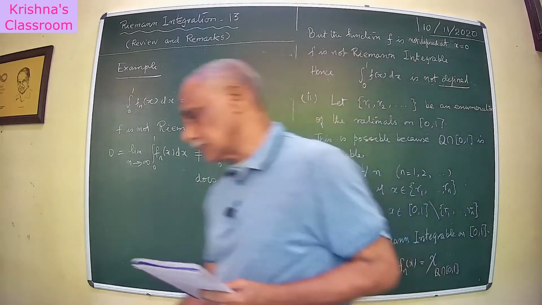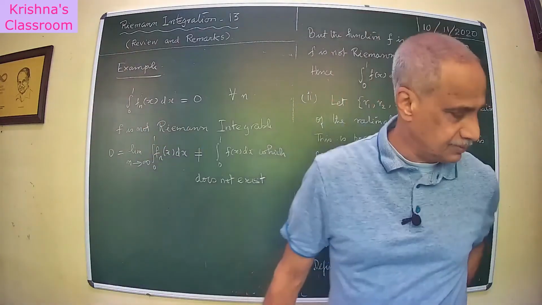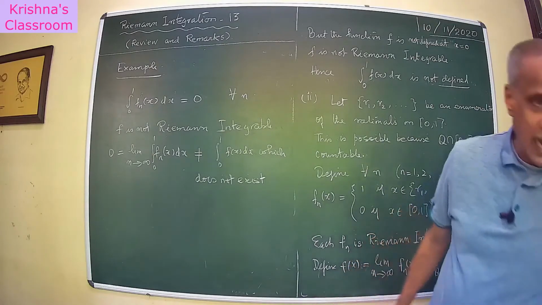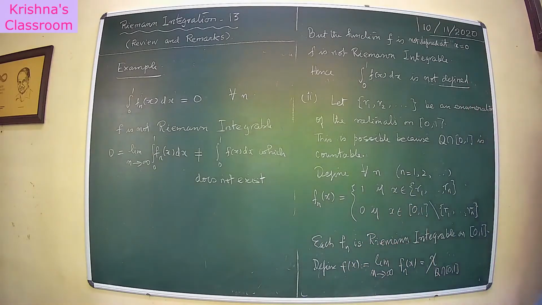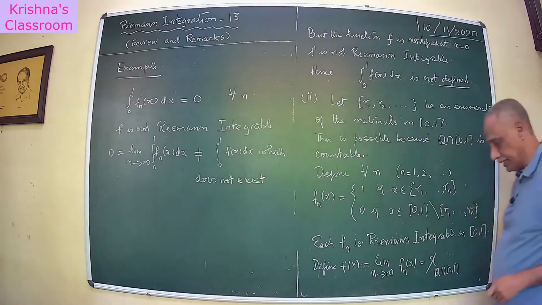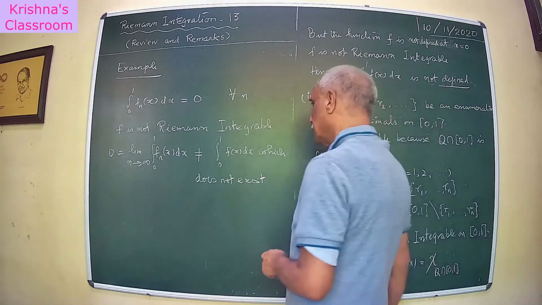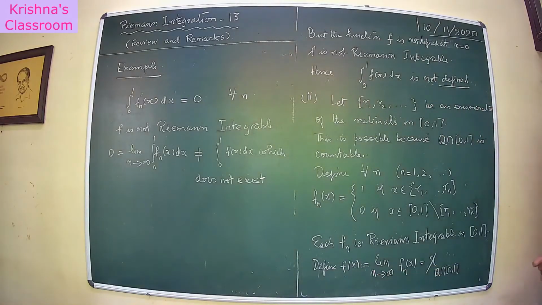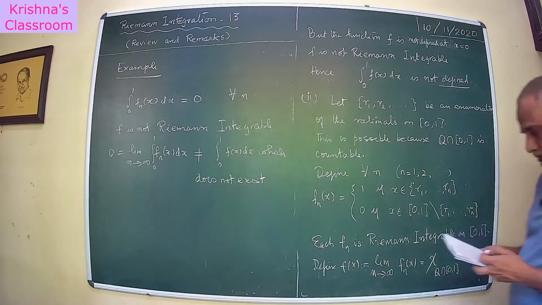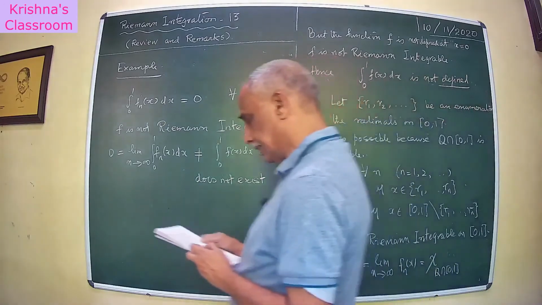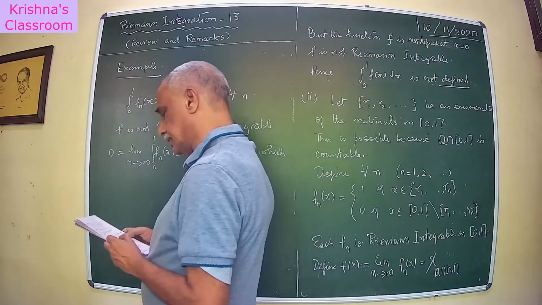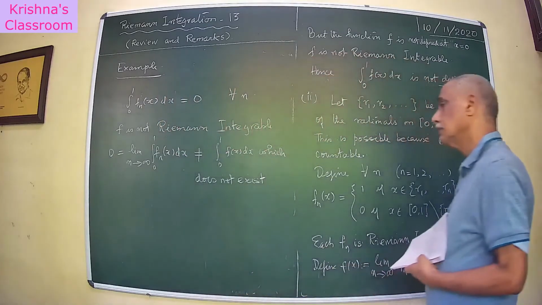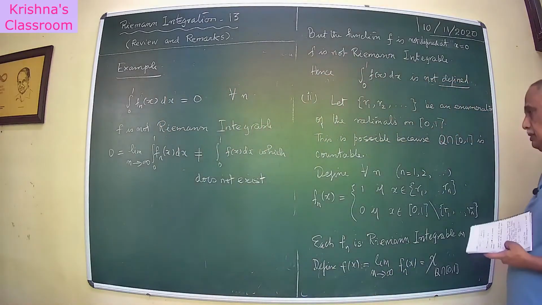Now let us explore this further. What we have to ask is this. It is quite easy to see, because one of the problems that you see here in both these examples is that the interchange of the limit and the integration is not possible.